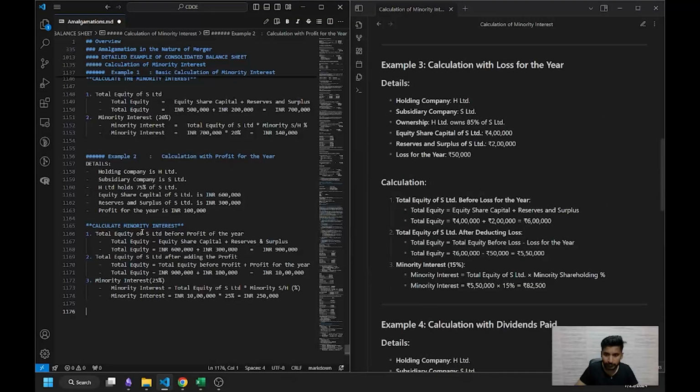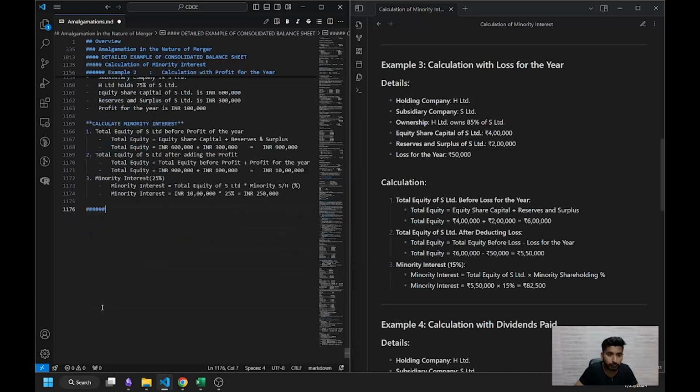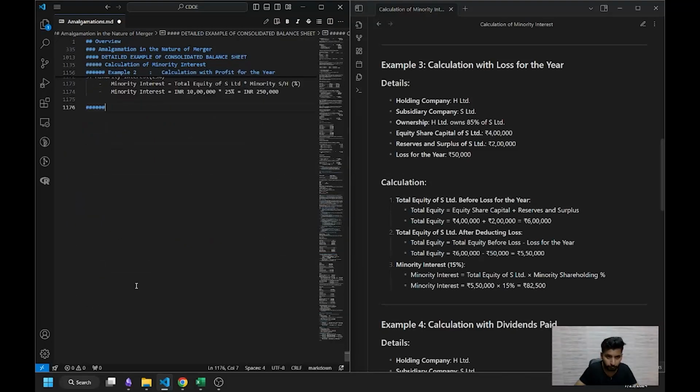Now, in the third example, it says calculation with loss for the year.